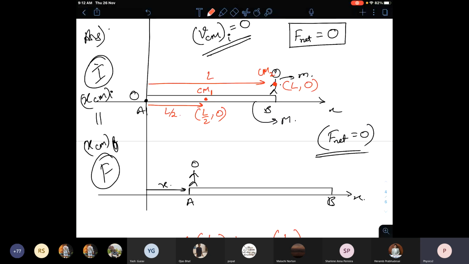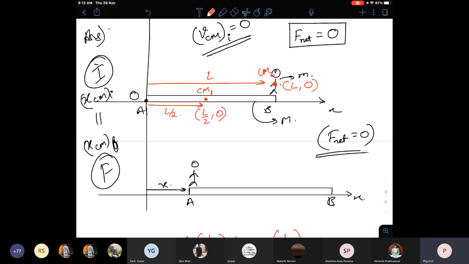In that I have written that the center of mass of a uniform rod is at a distance of L by 2 from one of the ends. It is at the midpoint of the rod. So same thing, it is kind of like a rod, hence the center of mass is at a distance of L by 2 on the x-axis. So center of mass for 1 comes out to be L by 2 comma 0.